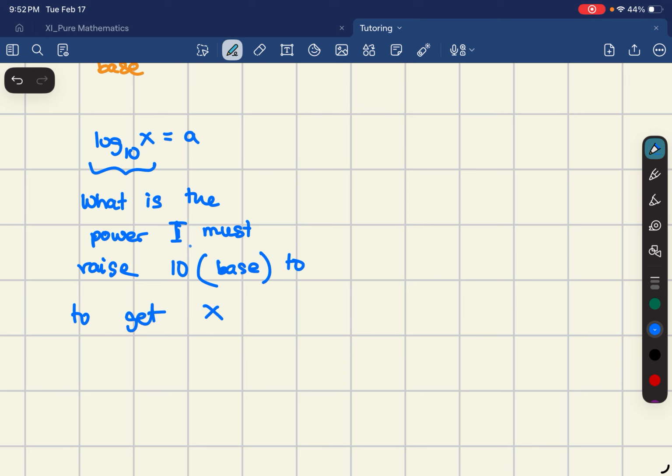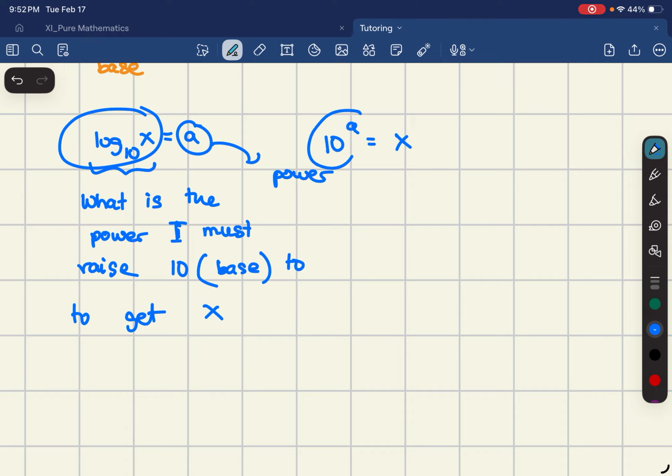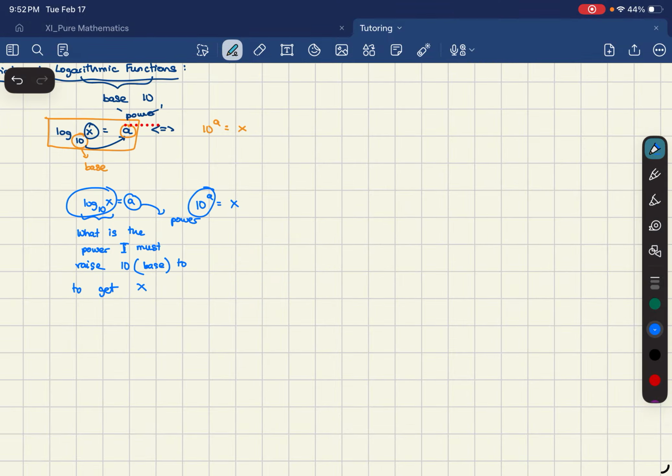So I must raise 10 to some number to get x, right? And if I'm raising 10 to some number to get x, then that number is going to be a in this case. So 10 to the power a is going to be equal to x. So this side asks me, what is the power I must raise 10 to, to get x? And this just gives me the power. It says that that power is a. So if I raise 10 to a, then I should be getting x. So that is the idea of a logarithm.